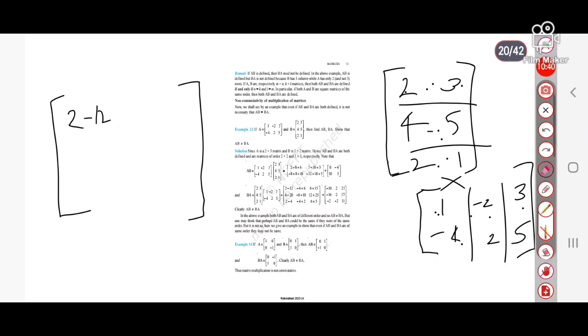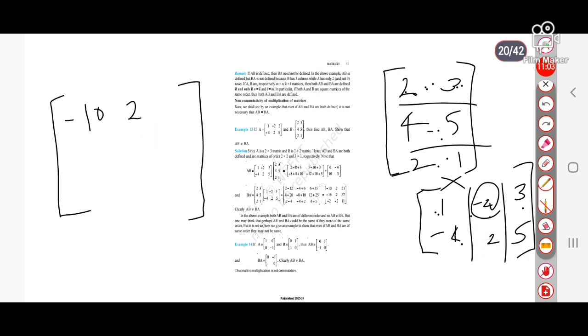We just write the result here because it's quite lengthy. So 2 minus 12 gives around minus 10. Now the next case: minus 2 into 2 is minus 4, plus 3 twos are 6, so it will be 2.